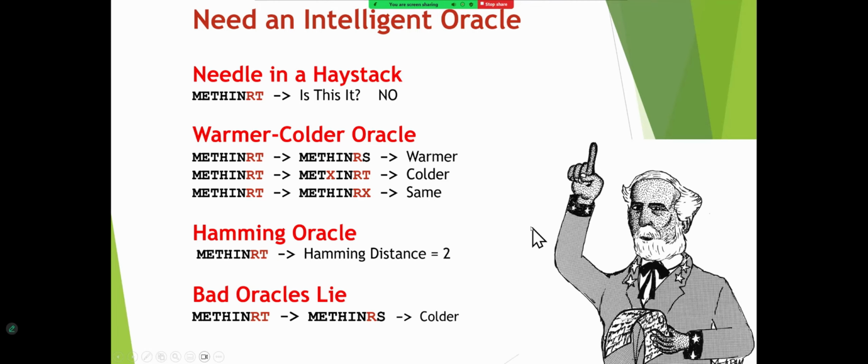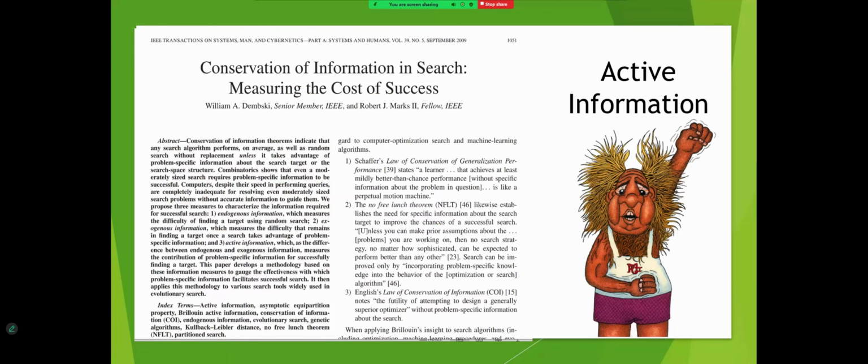So we'll talk about that in information theory if indeed you're interested. So here's an example of the idea of active information. What is active information? Active information is the way that the difficulty of the search is reduced when you introduce domain expertise.